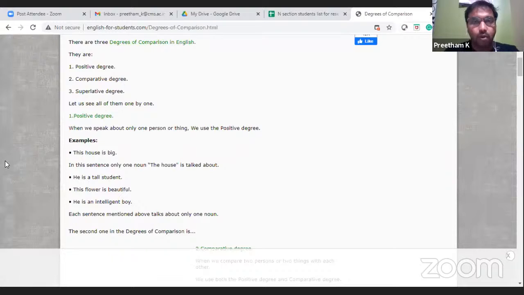If you are talking about a noun generally, you use positive degree. You use the expression as plus adjective plus as. That is the grammatical pattern. If you're comparing one noun with that of another, you use more form, er form, or other form. When you are comparing one noun with more than two nouns, you use est form or most form.